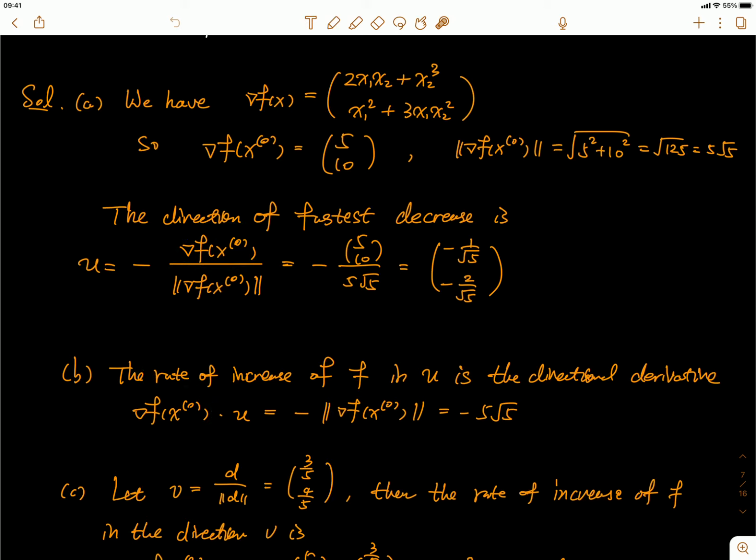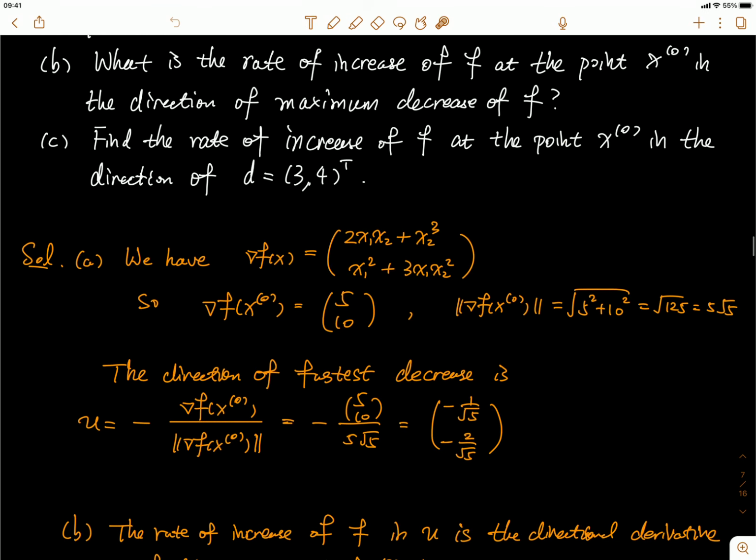One of them will be cancelled by the denominator here, so I only have the norm of the gradient of f. And there's a negative here, so I will still keep it. The norm is what we already computed, which is 5 root 5. So the directional derivative is negative 5 times root 5.